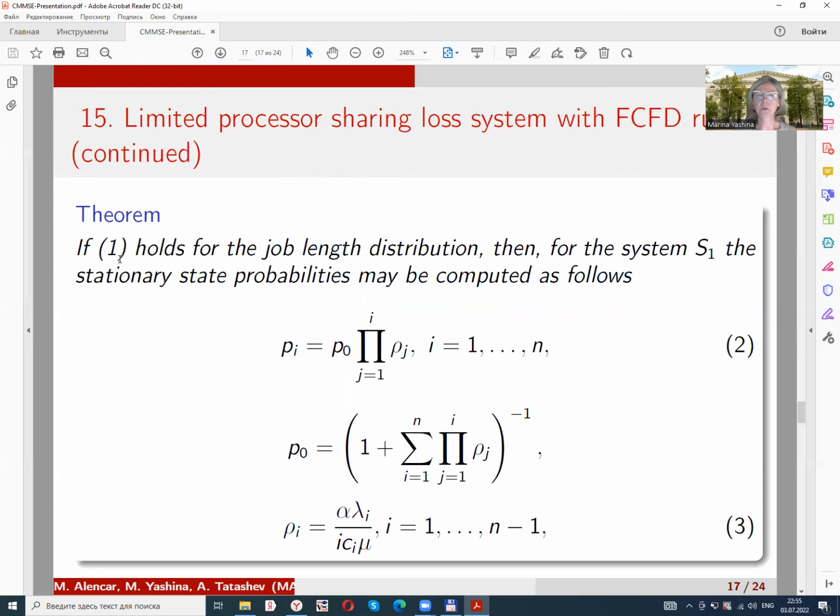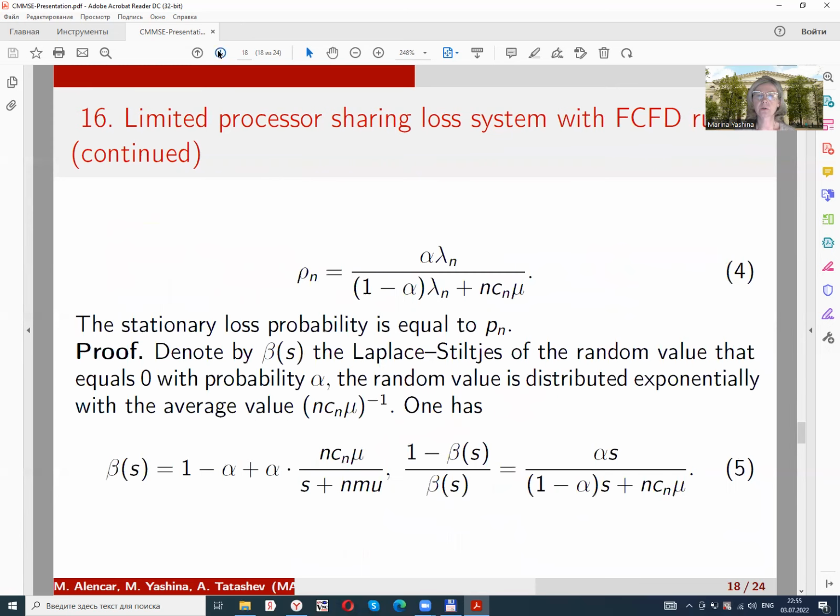If relation 1 holds for the job length distribution, then for the system S1 the stationary state probabilities may be computed by the following formulas, and so on. And the stationary loss probability is equal to p_n.